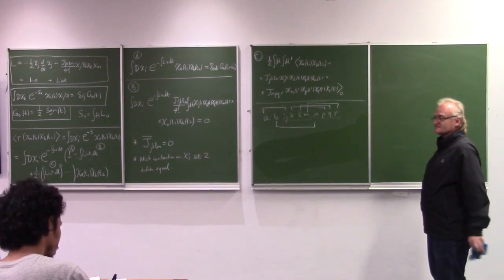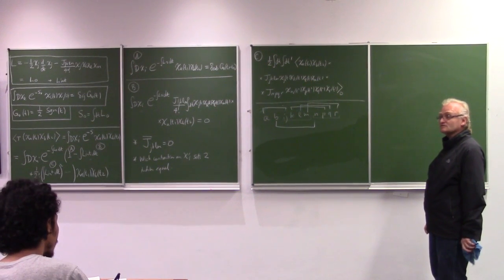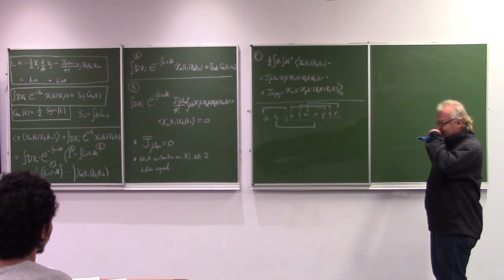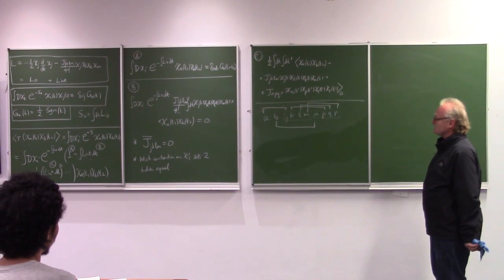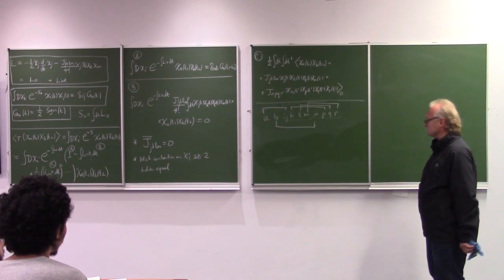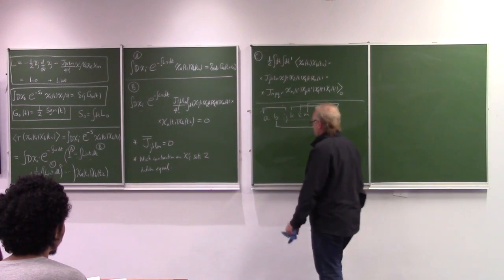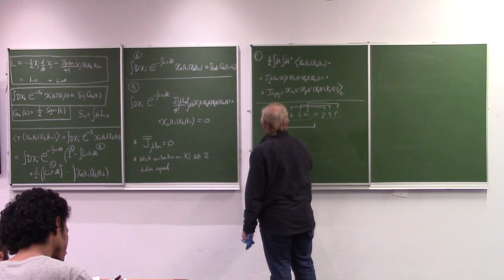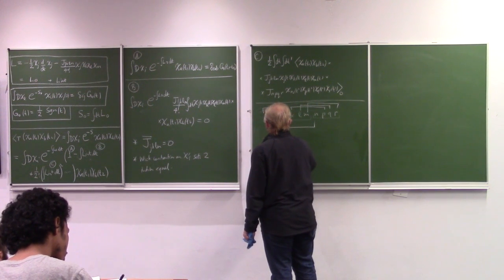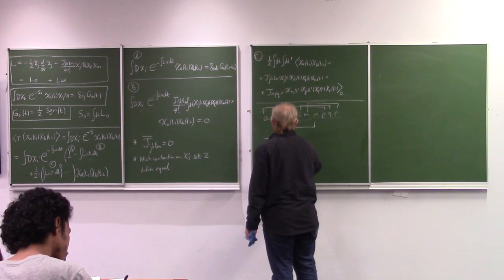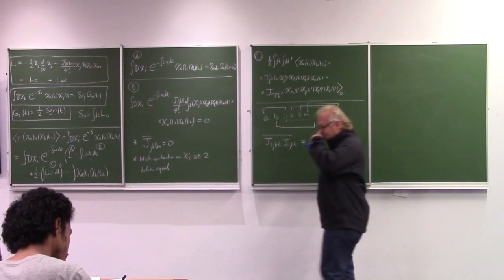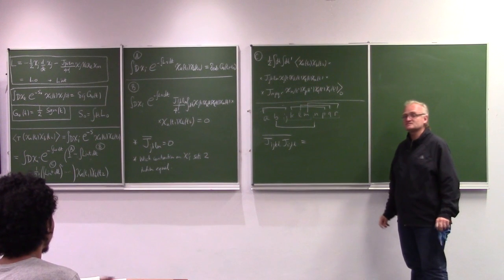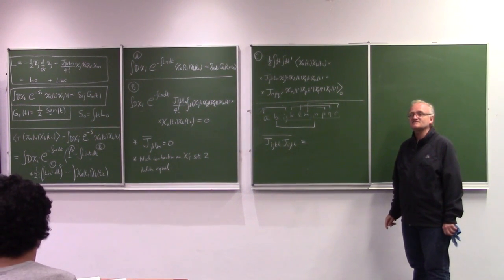Now, we're going to write down this diagram, but I would really like to know how big this diagram is. And to do that, we need to remember the following. If we had J_ij, J_kl, J_ij, J_kl, and we calculated that average, does everybody know how big this was as a function of n?